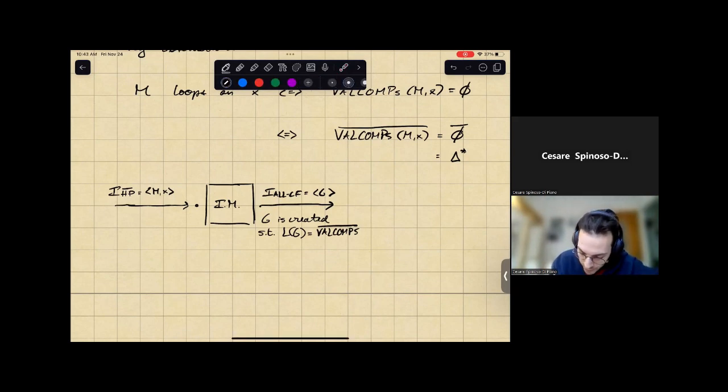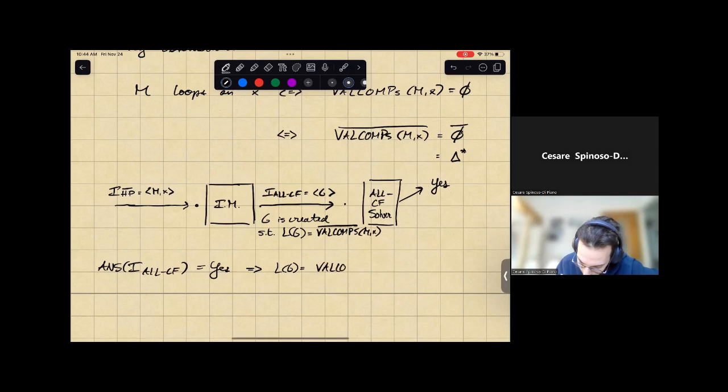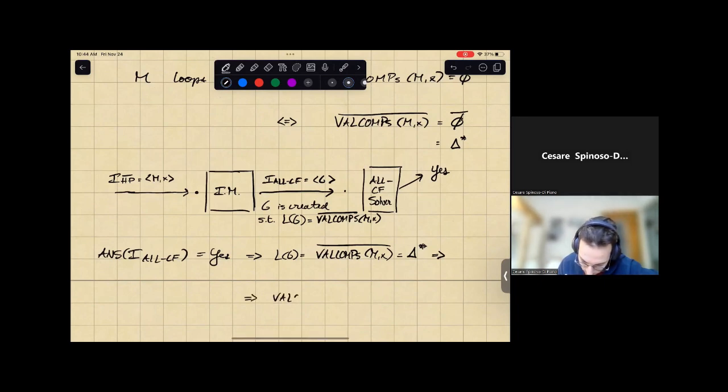Okay, and so then if we pass this to our RCF solver, and the RCF solver says yes, so the answer to the instance of the RCF problem is yes, well, this implies that L of G, which is equal to Val-comps of M, X whole complement, is indeed equal to delta star, which implies via this relation that Val-comps of M, X is empty.